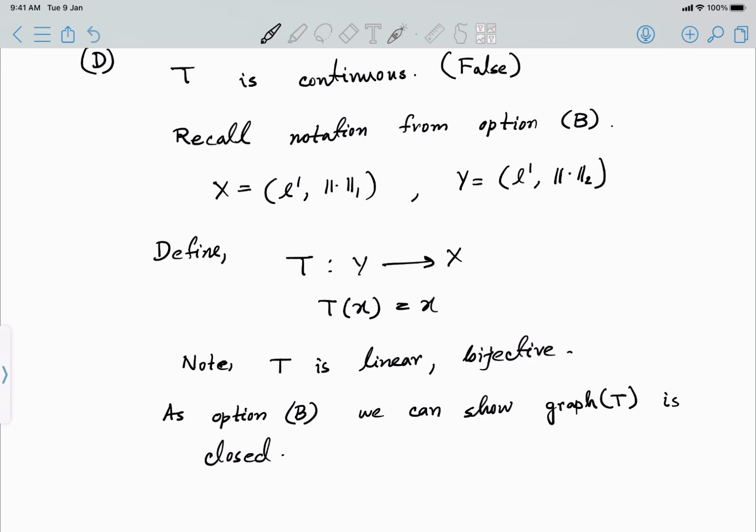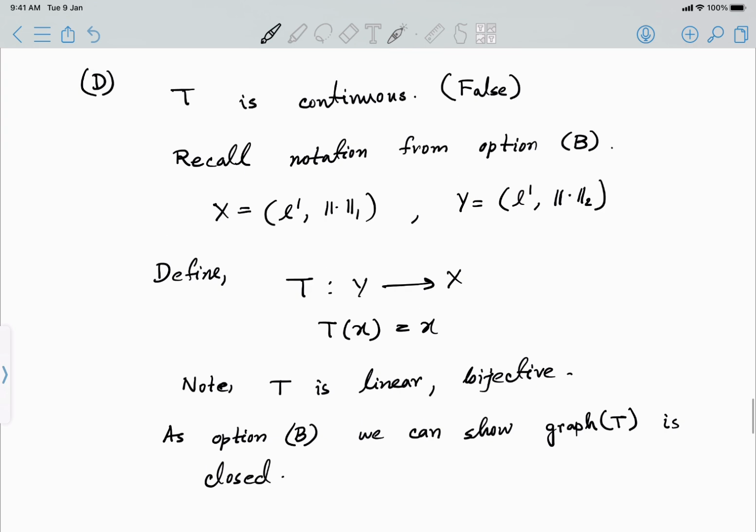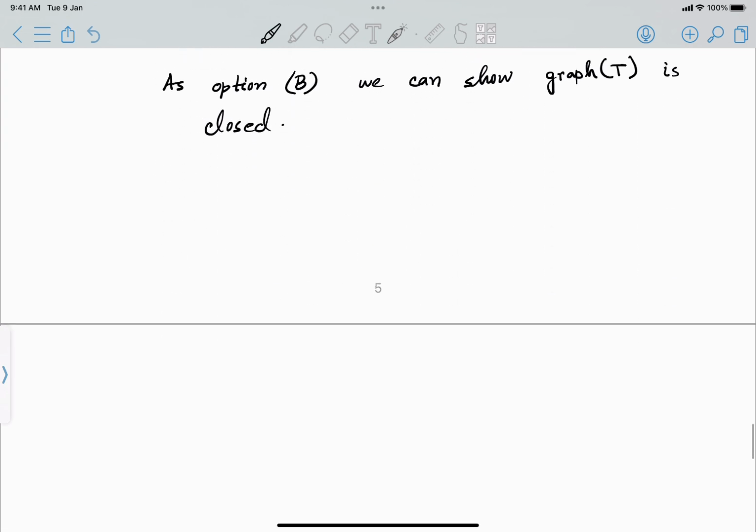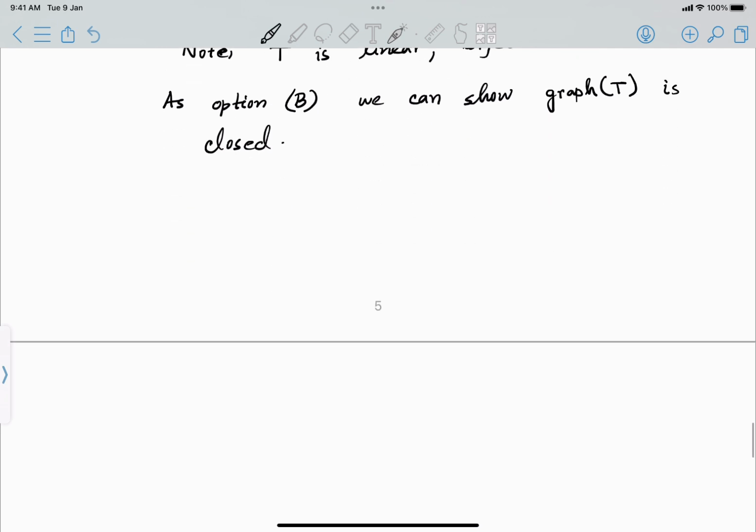Now we have to check that T may not be continuous. So this example T is not continuous, but it satisfies the hypothesis.